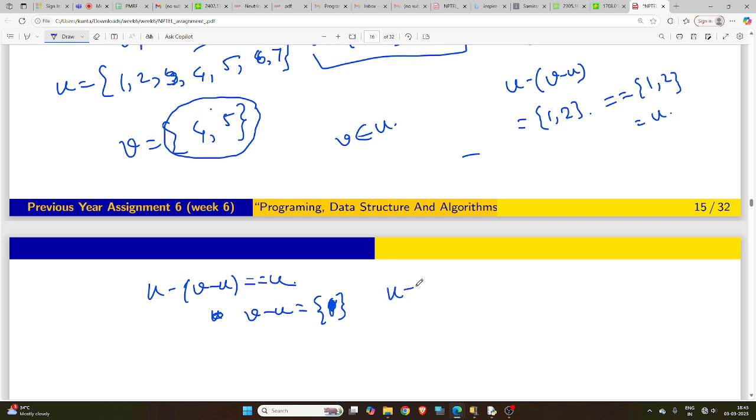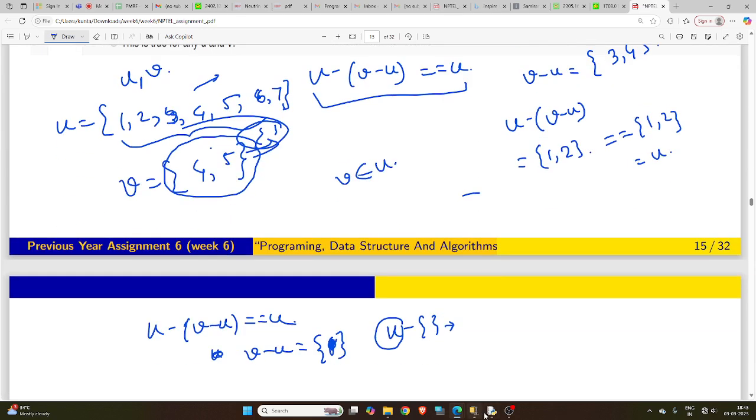So now U minus the null set means U will be there, U as a whole, and the null set will also be a common factor.